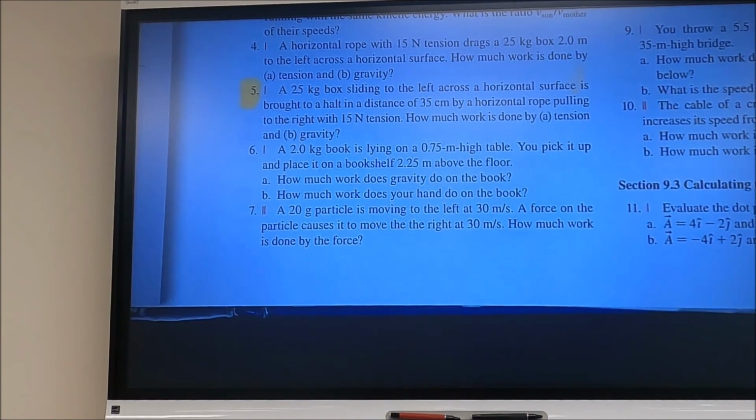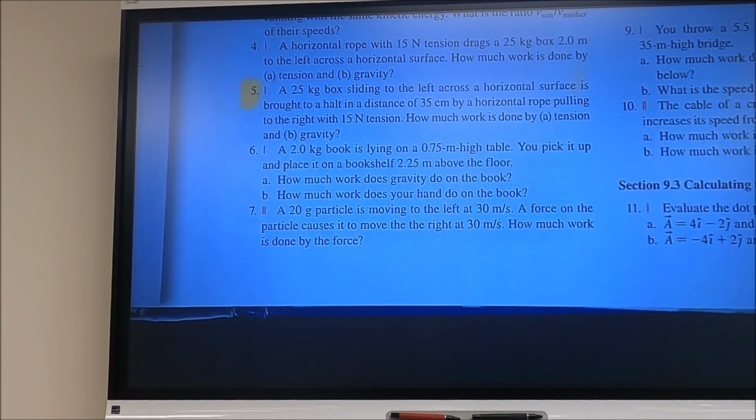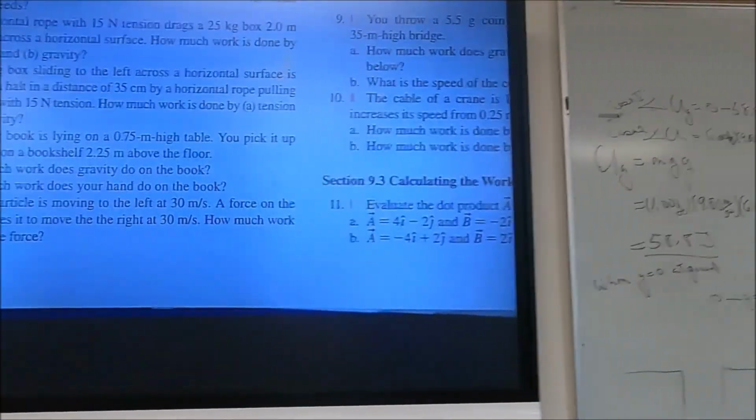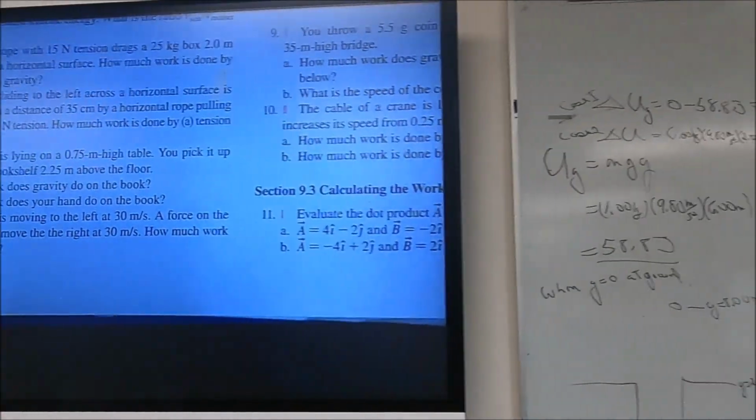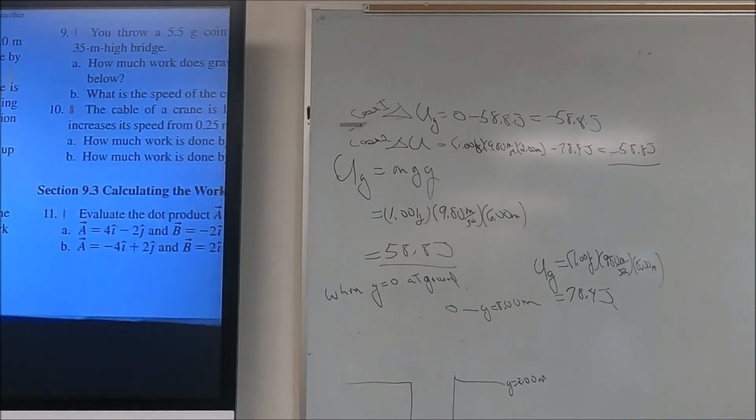Well, number one, the box is not moving up and down any. If it's not moving up and down any, there's no work by gravity. So the answer to B is 0. We don't have to do anything there. Okay? But we do have to worry about the tension. So let's worry about the tension.